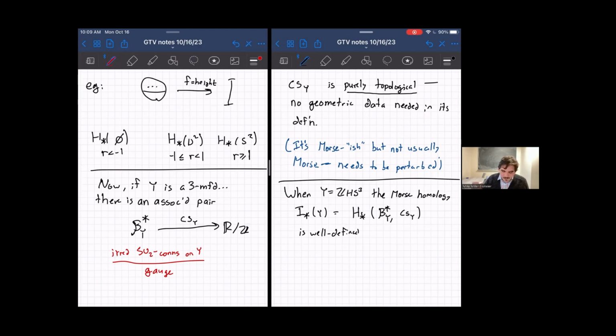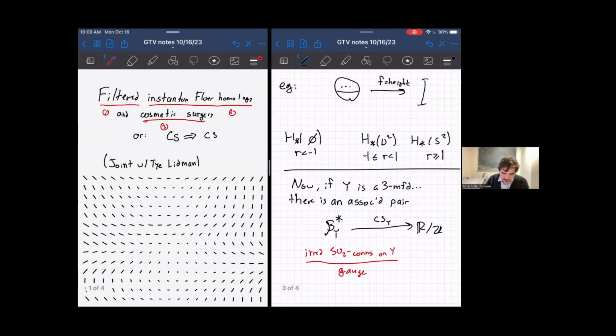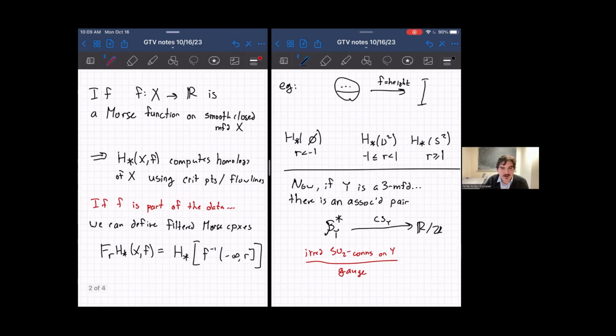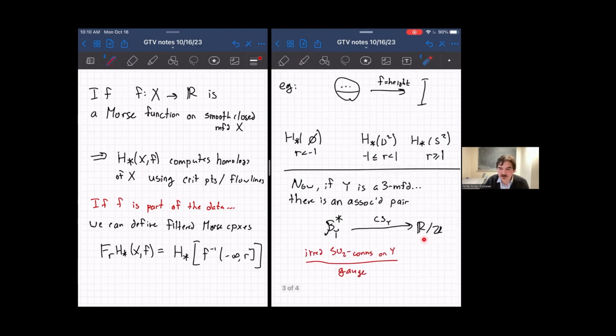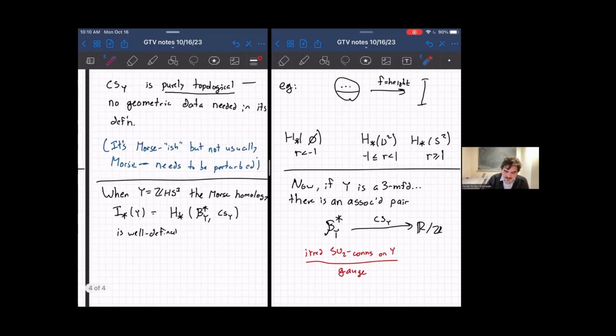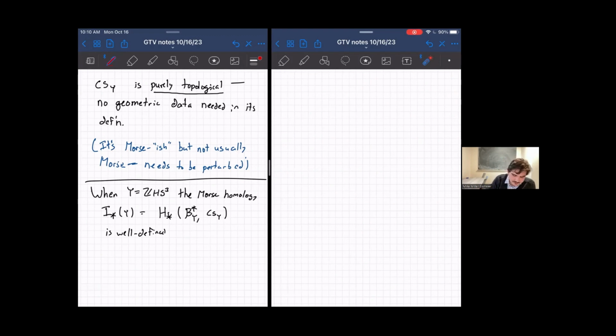I spent all this time talking about filtered Morse homology, where you have a function to R. Here I've got a function to R mod Z, which is not R. I cannot take the set of angles less than pi or anything like that. I'm just going to wrap back around. To make sense of this use of filtered Morse homology, you need to unwrap this.